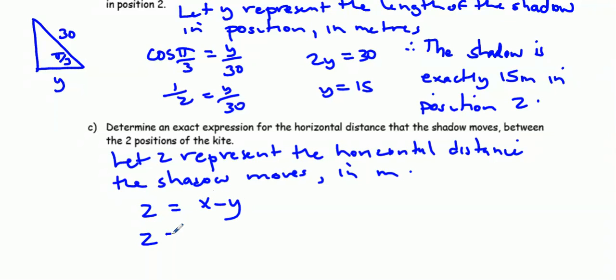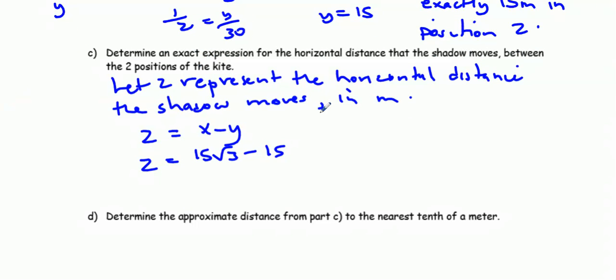So we're going to say z equals x minus y. And x was 15 root 3 and y was 15. And that's as simplified as you can get. Now, to me, that's more simplified than factoring out the common factor of 15. We'll see what your textbook does, but to me, this is a nice solution.